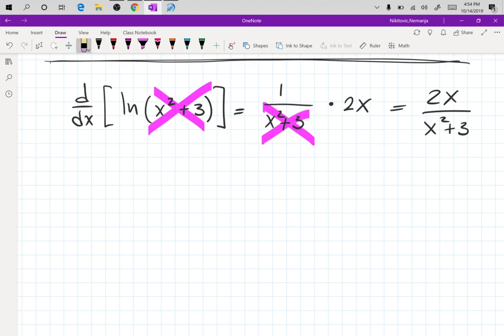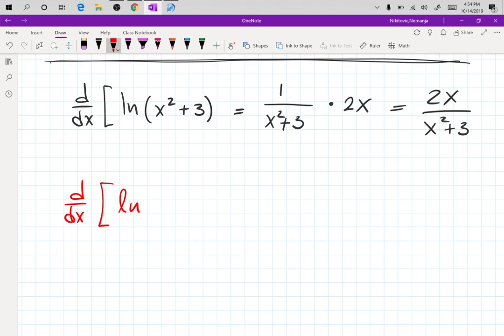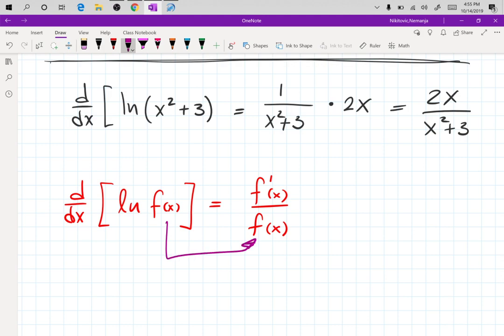Guys, this gives us a really awesome formula for ln's. I'll write it in blood. The derivative of ln of any function f of x is f prime of x over f of x. You literally go Control C, Control V, and then take the derivative on top.